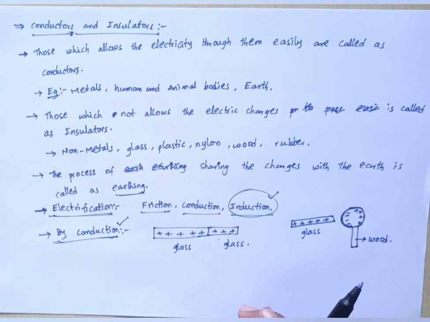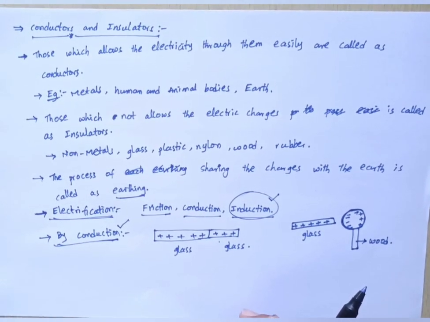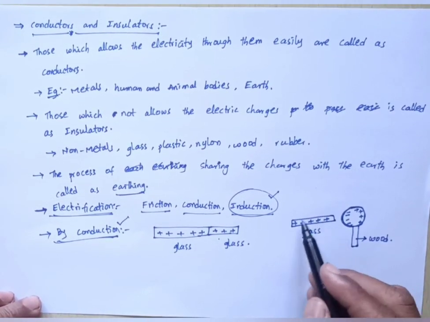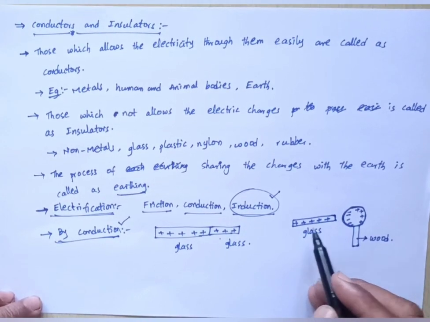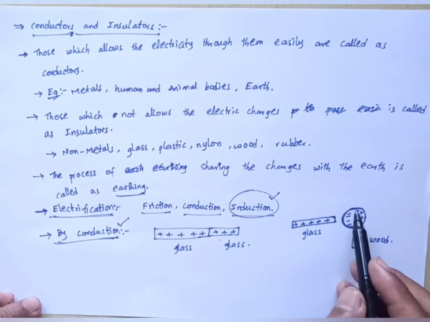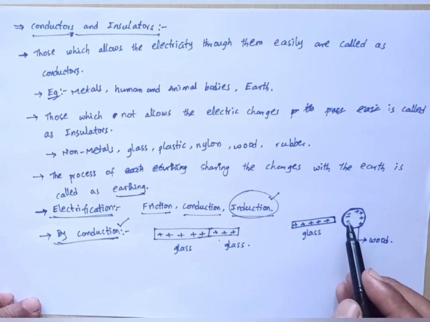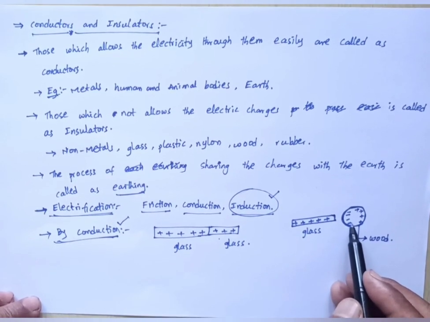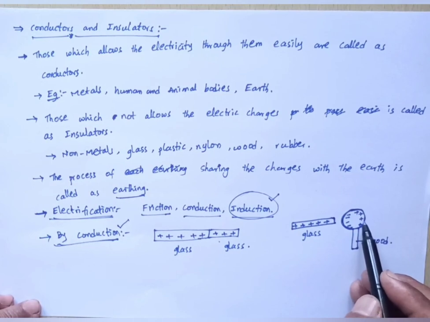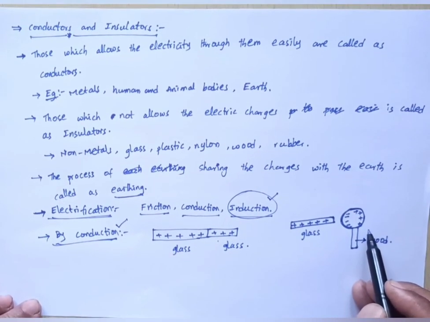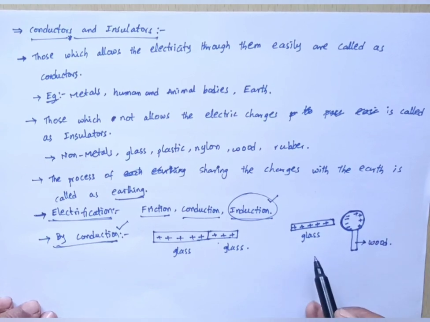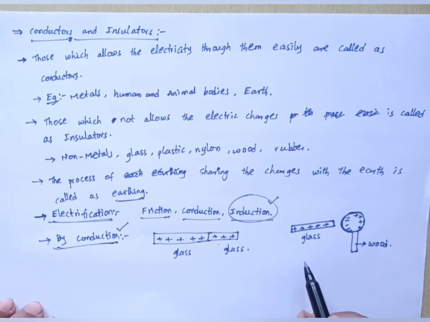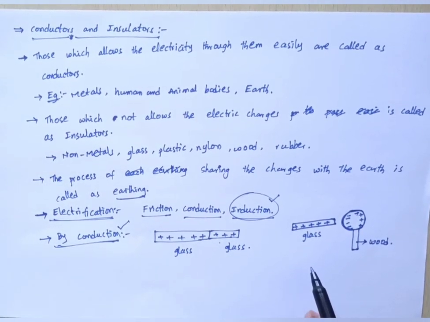In induction, opposite charges are induced. When the glass rod is kept near the conducting ball, the nearer side is negatively charged and the other side is positively charged. The inducing body neither gains nor loses charge. Induction always precedes attraction.